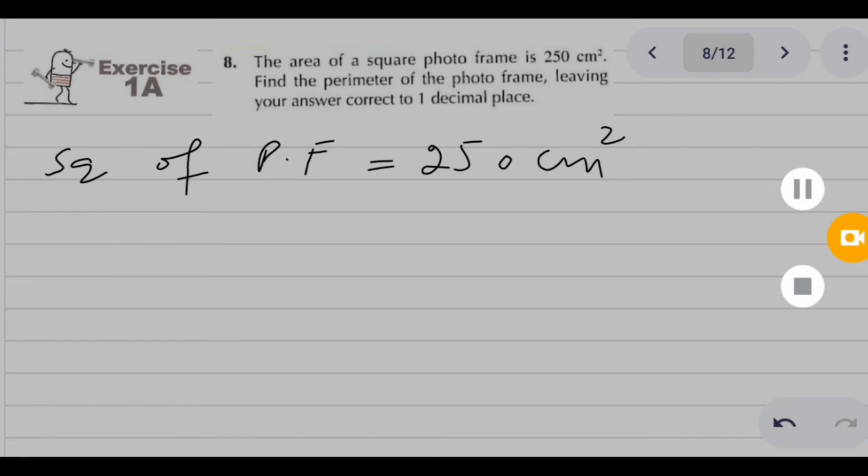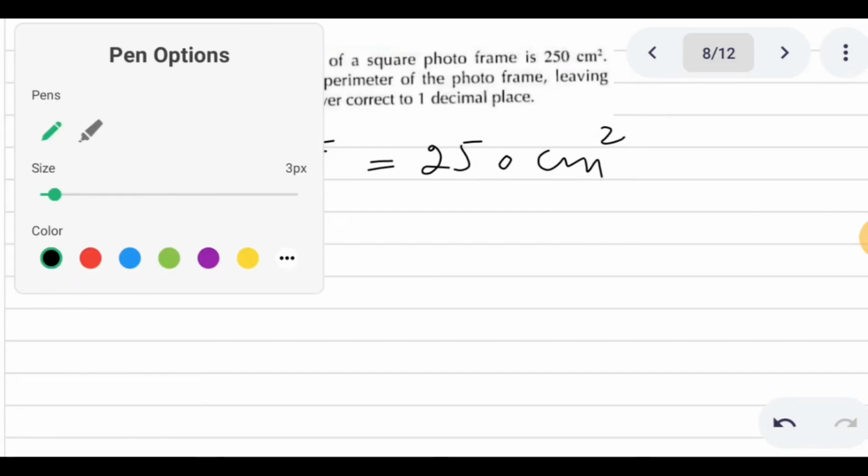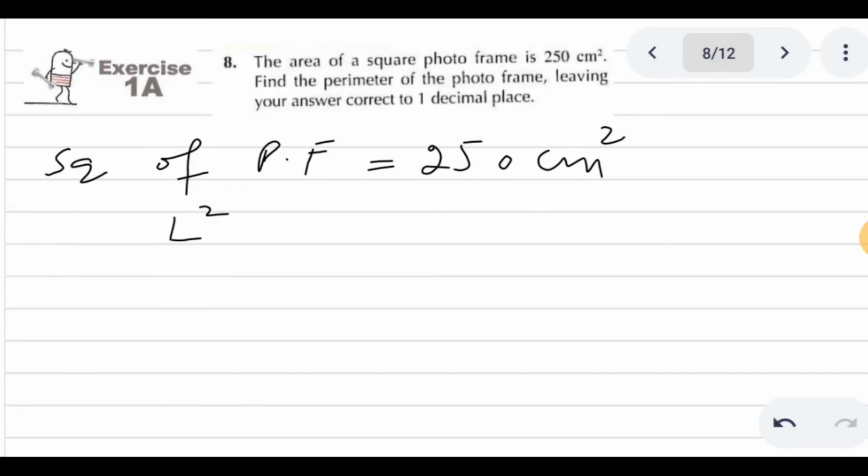Now the formula of the area of a square is L to the raised power 2. So if L to the raised power 2 is 250, and we want to find out the side length of one side, first of all we will find the under root of 250.